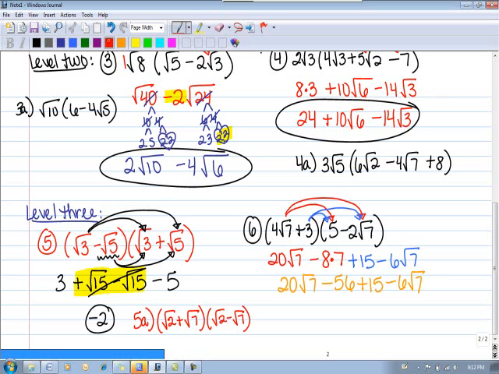I want to combine like terms, so I have 20 radical 7 and negative 6 radical 7. I know from yesterday's lesson that 20 minus 6 is 14, and I just keep the radical 7 along. And then negative 56 plus 15 is negative 41.